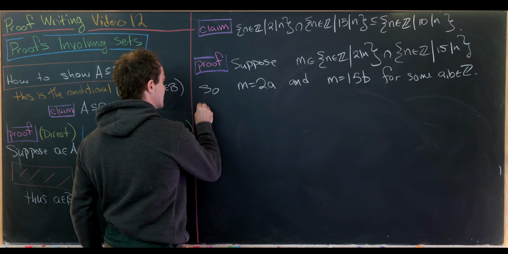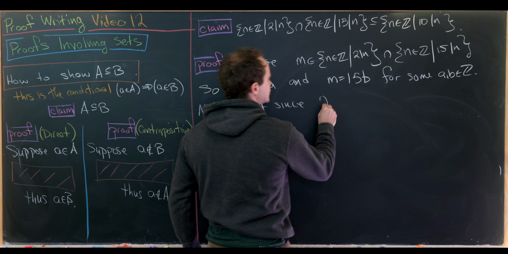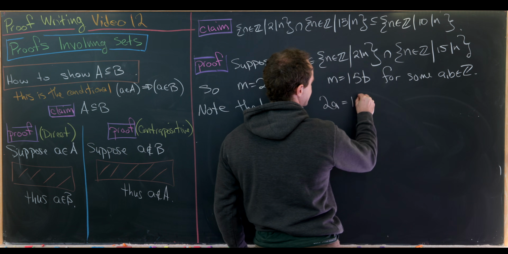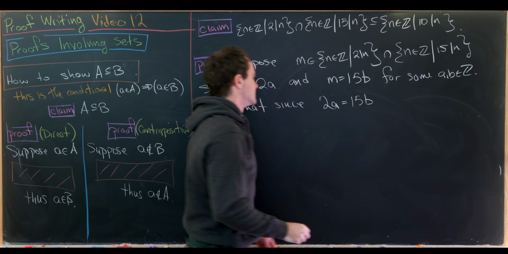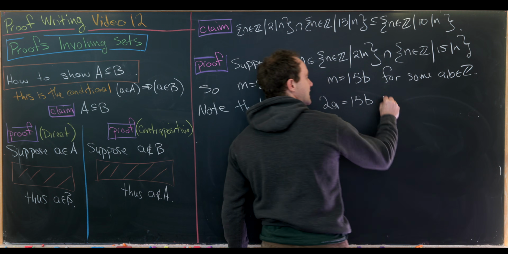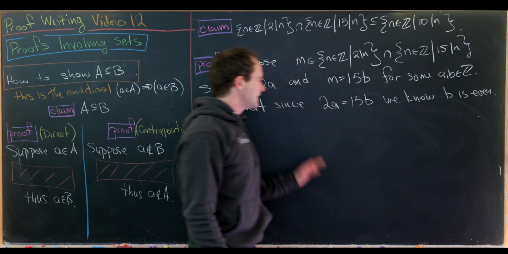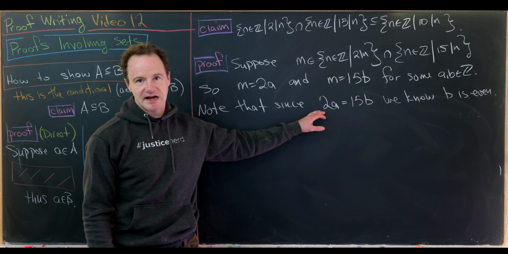So this 2 times a is being in the first set, this 15 times b is being in the second set. So now let's note that since 2 times a equals 15 times b, so that's just setting both versions of m to each other, we know b is even. So I think that's pretty clear. The left-hand side is even.